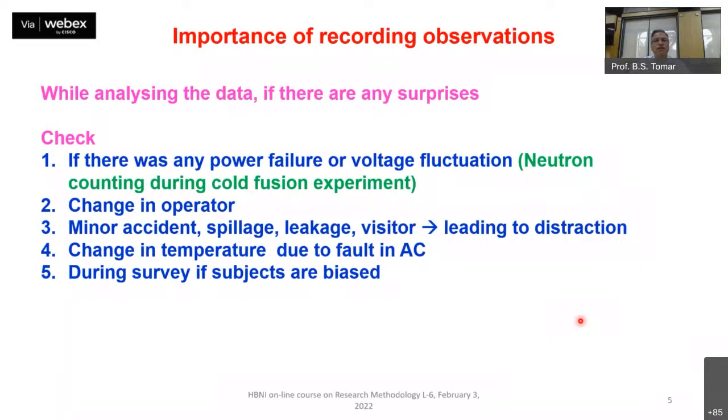One of the examples is, in the early 90s, when laboratories were working on cold fusion, they were studying the electrolysis of NaOD in a beaker and measuring if there were any neutrons, because when DD fusion takes place, neutrons will be generated.